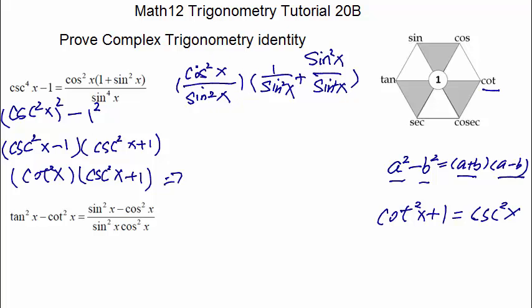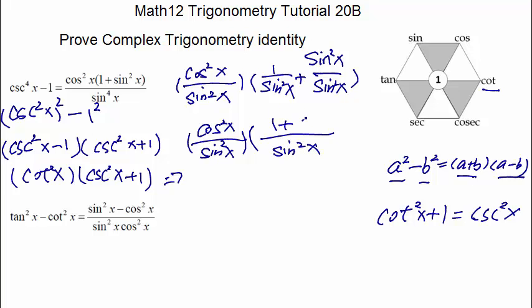Okay, this is all the left hand side. This part we cannot do anything. In here we have the same denominator, so we can add them up. So cosine square x over sine square x, and then this side is 1 plus sine square x over sine square x. Make sense?